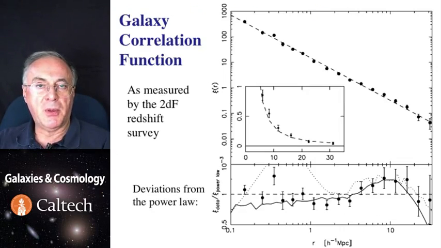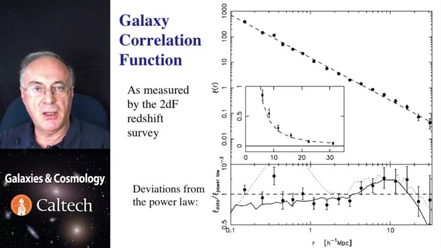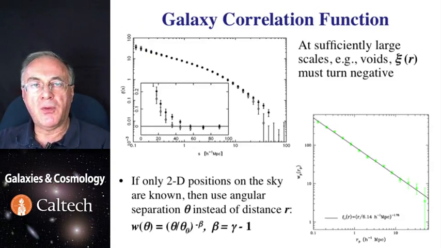So here is an example of a modern, well-measured two-point correlation function for galaxies from the 2dF redshift survey. It does look pretty close to the power law, although if you subtract the best-fit power law, you see that there are some significant deviations from it. Now, if you don't have redshifts, you can measure the angular correlation function, just projected on the sky.